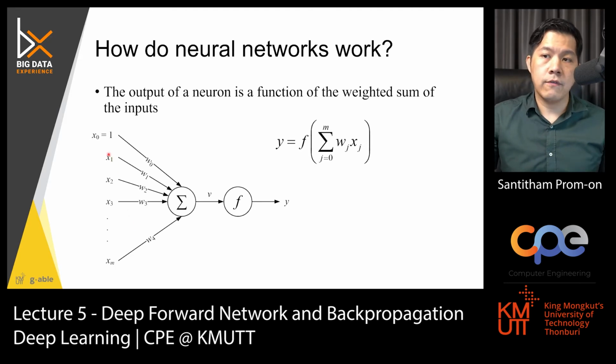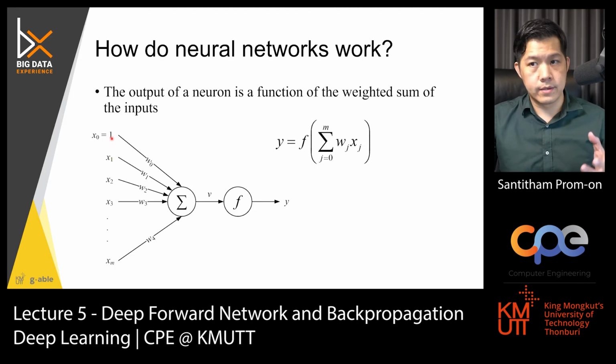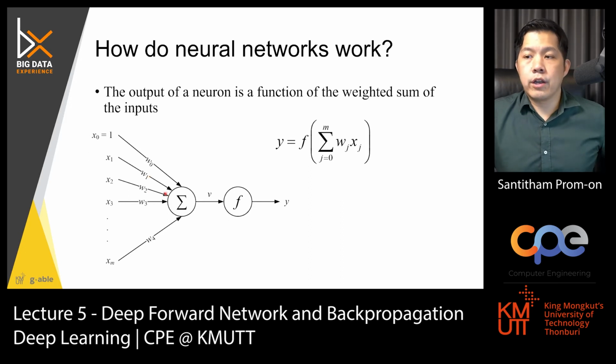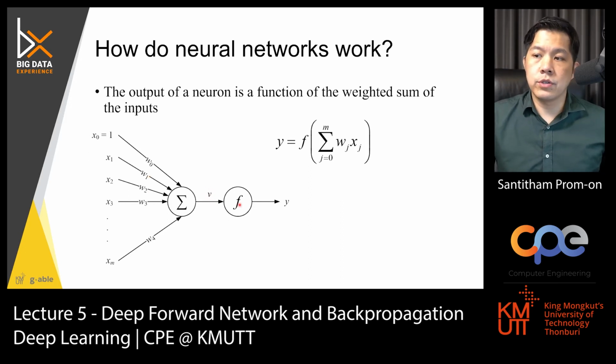We have x0 here as 1 to denote w0 as the bias, and we have x1 to xm. These are fed into the summation node here, which has a corresponding weight multiplied to each of the inputs. And the combination is fed into the squashing function to compute y.